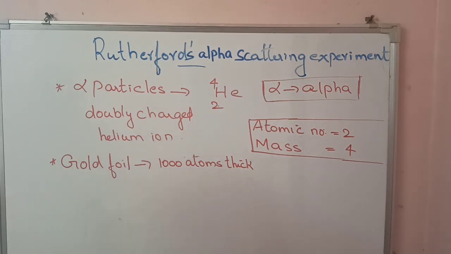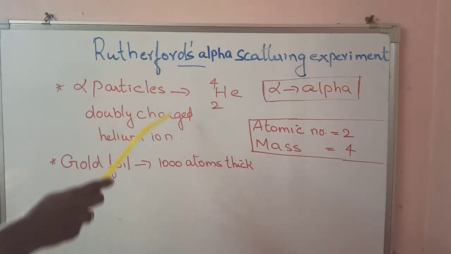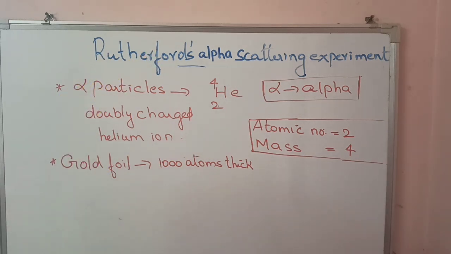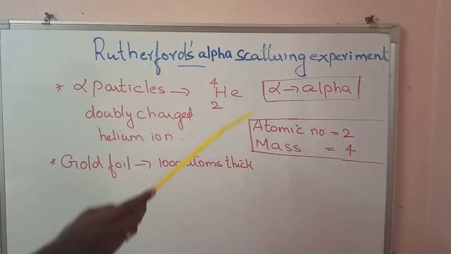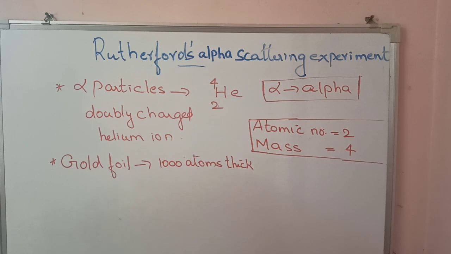Rutherford designed an experiment for knowing how the electrons are arranged within an atom, and this experiment is known as Rutherford's alpha scattering experiment. In this experiment, he bombarded fast moving alpha particles on a thin gold foil.